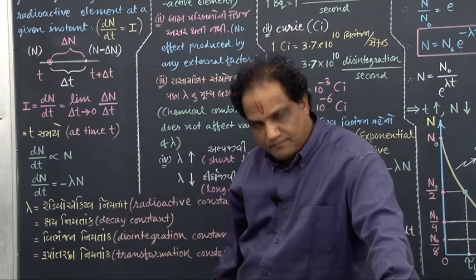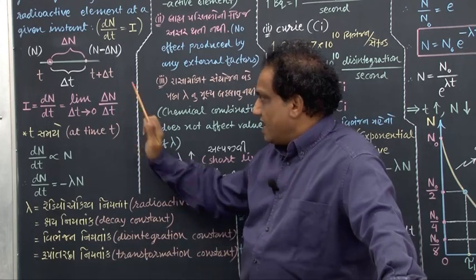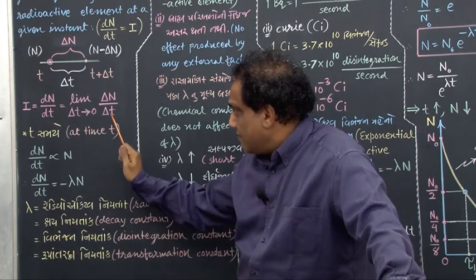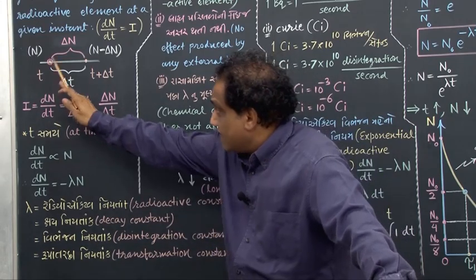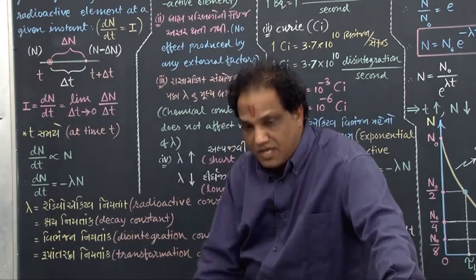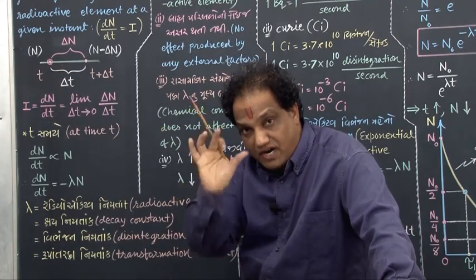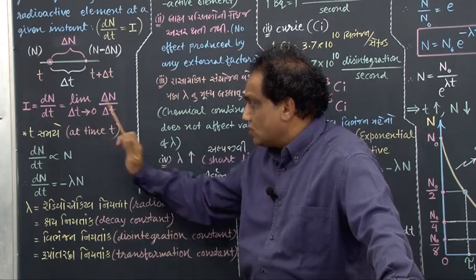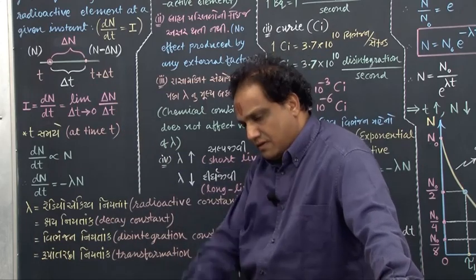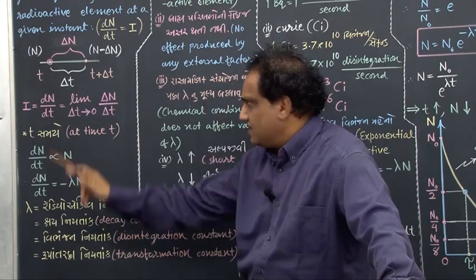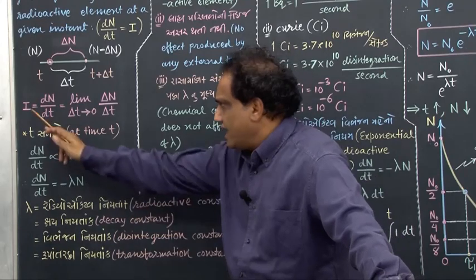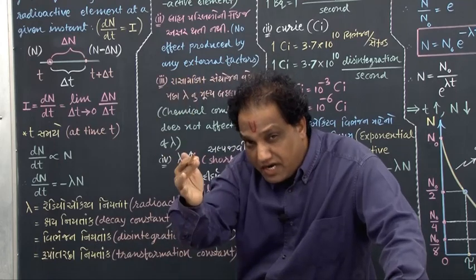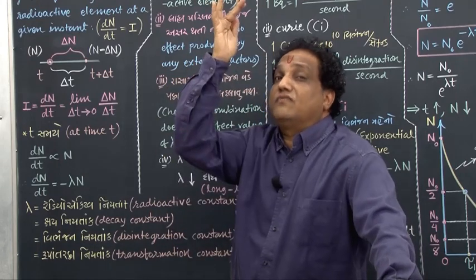I repeat, if delta N number of atoms disintegrate in time delta t after a given instant of time in a given quantity of given radioactive element, then the term limit delta t tends to 0, delta N by delta t is called time rate of disintegration or activity of that radioactive element for that quantity at that very instant of time.